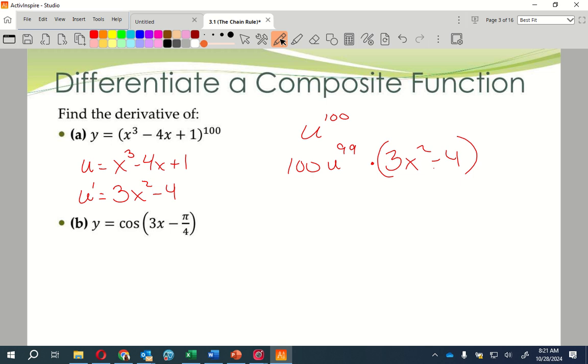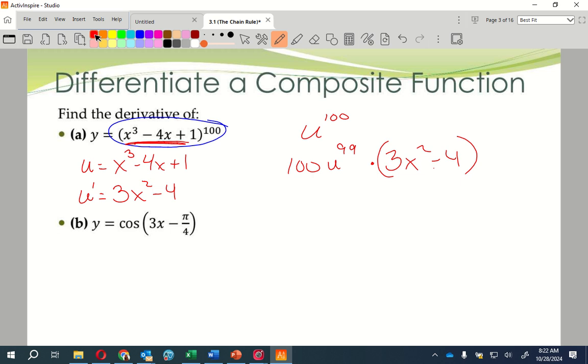Almost done. Why is it almost done? I got to put the u back, right? I substituted a u to be able to do my problem because I'm asking for it in x's, not u's, right? So by doing the u substitution, that's what it gives me here. All this right here is the outside, and this here is my inside.